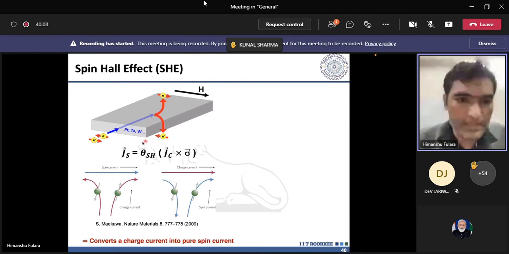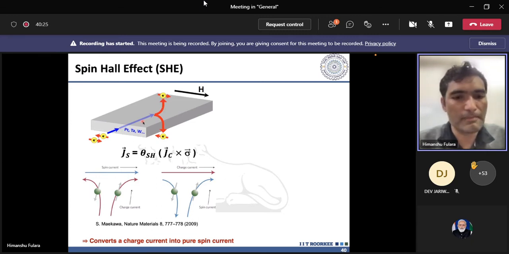So what happens is when you inject this charge current, which is an unpolarized charge current, through this non-magnetic heavy metal layer, due to the high spin orbit interaction in this layer, your spins get deflected perpendicular to the initial direction. And you really do not need any magnetic field to do this.